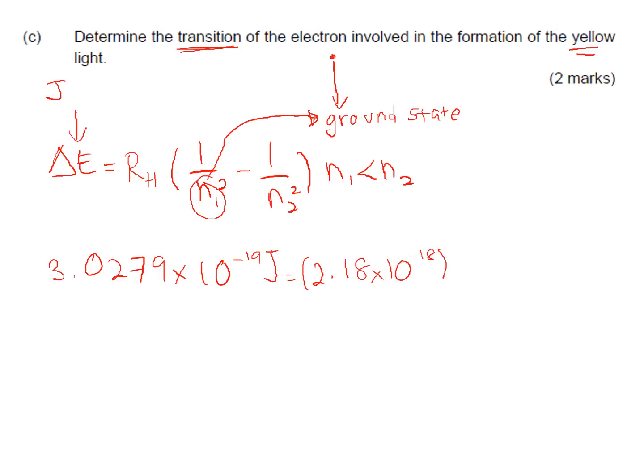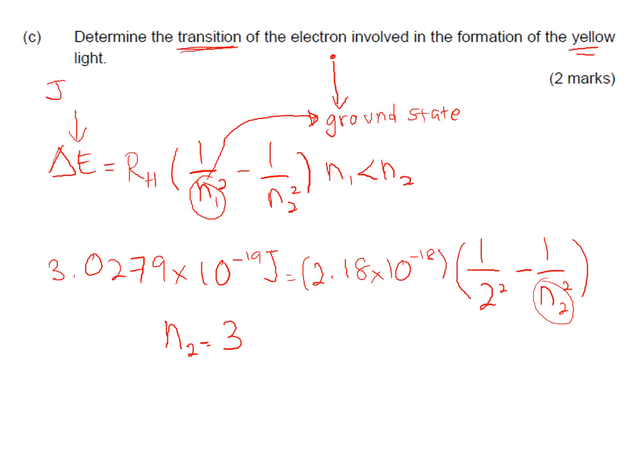Do not take the 1.097 because that one we're going to use with the 1 over lambda formula. So 1 over, as we said, Balmer ground state is 2 square minus 1 over N2 square. This one we want to find N2, which is the higher energy level. So you calculate and then we get N equal to 3.